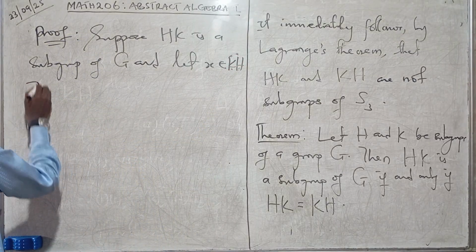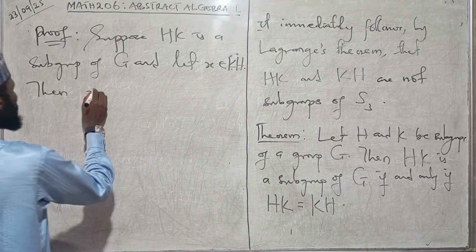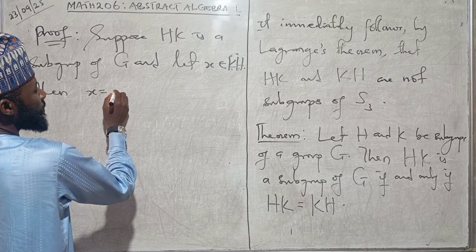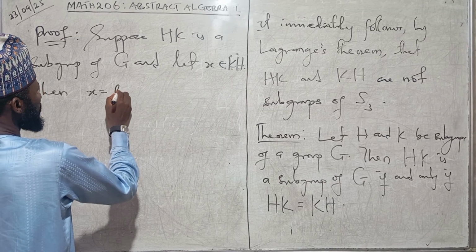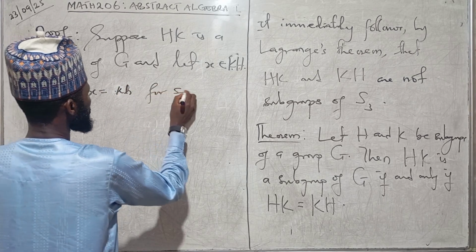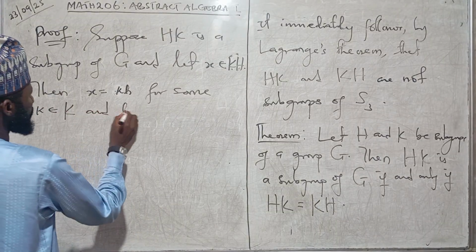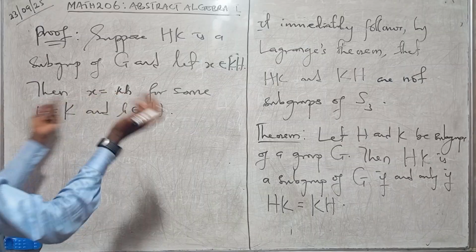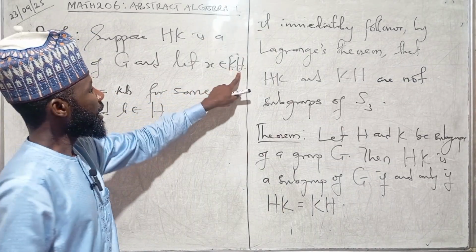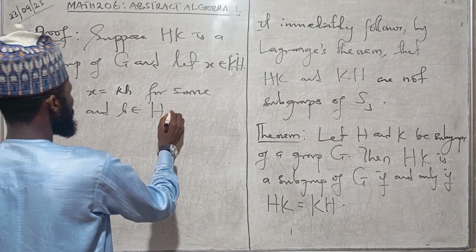Then X would be equal to KH for some K in K and H in H. Yeah, because that is what it means to be in KH. All elements here are a product of some element in K and some element in H.